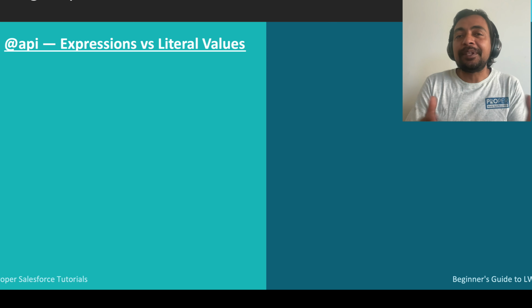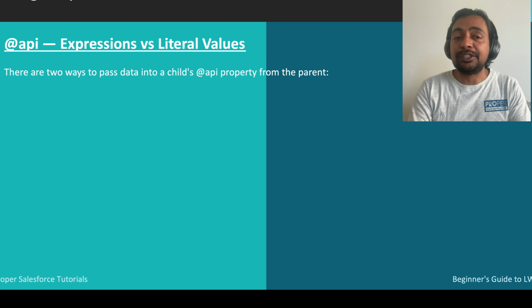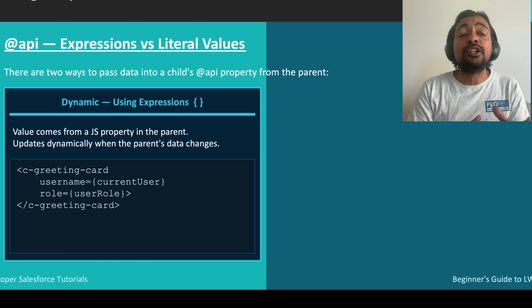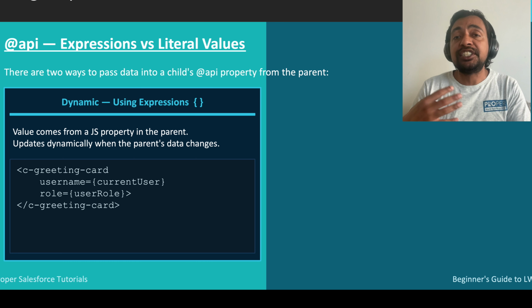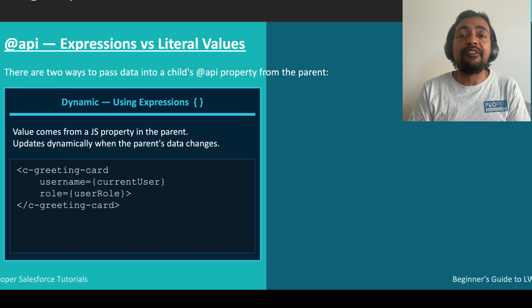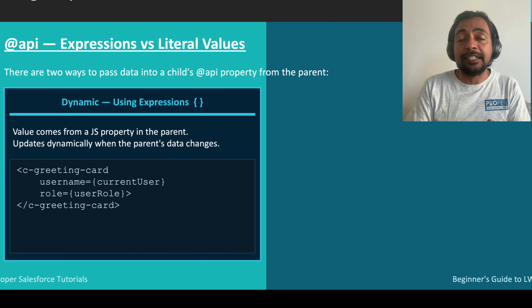Now, what will be the difference if we use literal values or if we use expressions? There are two ways we can do that, as I told you. When we are using expressions, the value is actually coming from the JS. So in the parent JS, you can actually work with the data. You can change that data whenever it is required, and this will update dynamically, right?